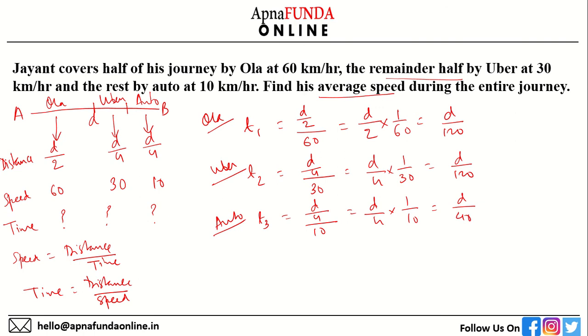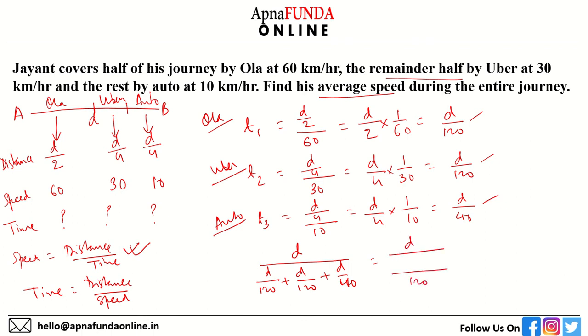Now we need to find the average speed. We know the formula. So the total distance is d divided by the total time. Our total time is d by 120 plus d by 120 plus d by 40. Correct. We solve this further.